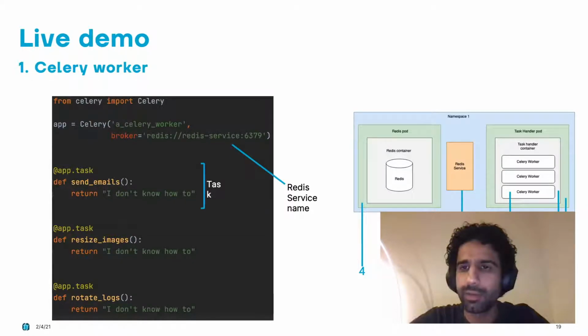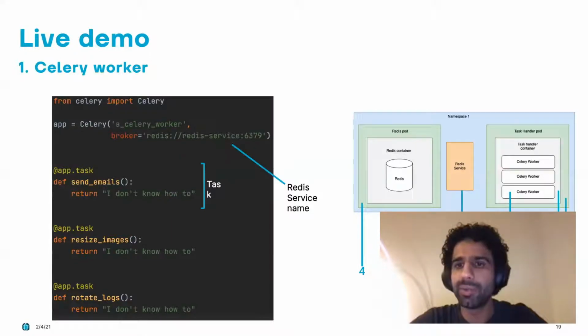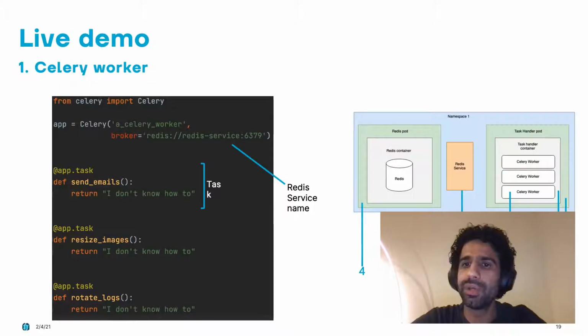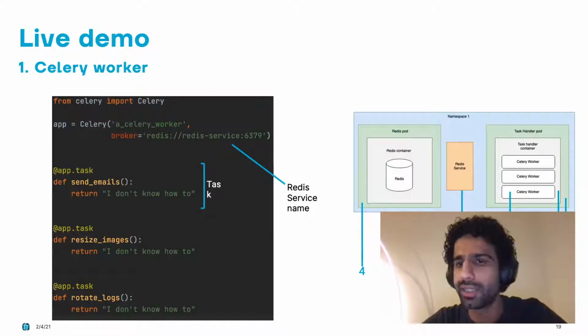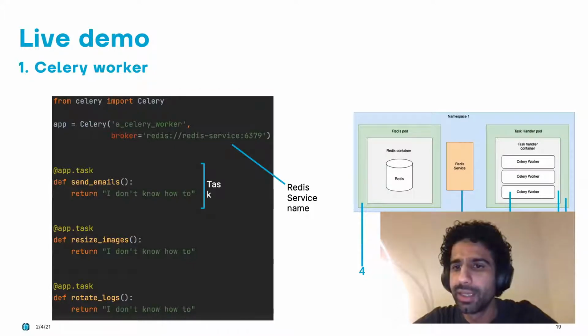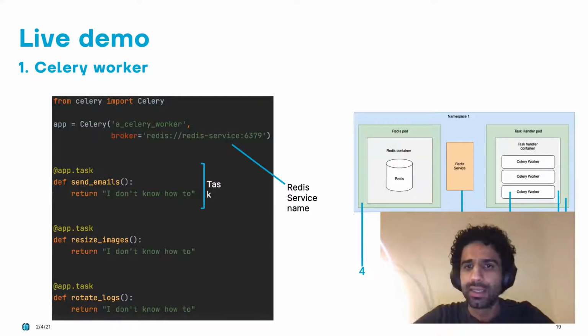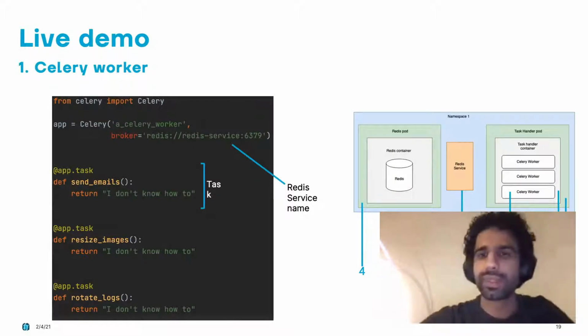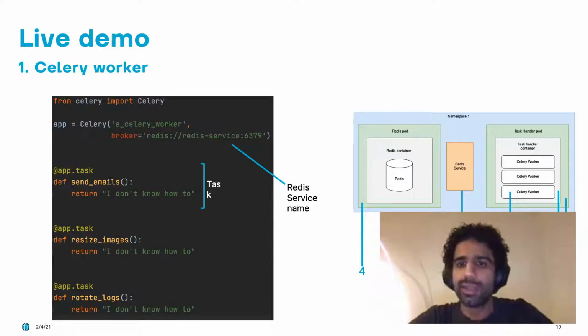So in the web use case that I described, in the task handler pod, you could be running a task handler container and a backend container. But this is a simplified example just to extract the problematic parts out of it. So these are numbers 1, 2, and 3, the task handler itself. The big blue background is the namespace. Like I said, you could have multiple namespaces in a Kubernetes cluster, and this is one of them.